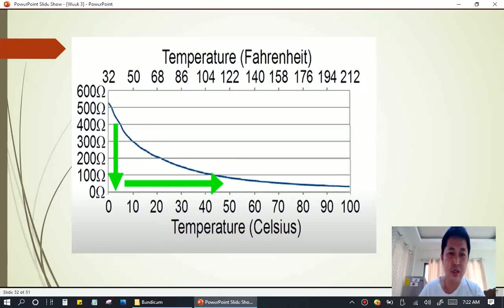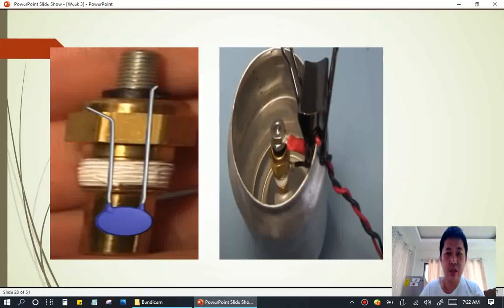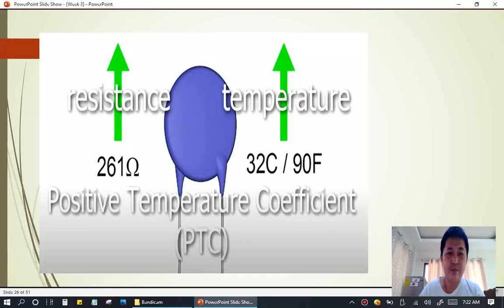Because in the positive temperature coefficient, the resistance is going up, the temperature also goes up. But in the negative temperature coefficient, the resistance is going down, but the temperature is still going up.